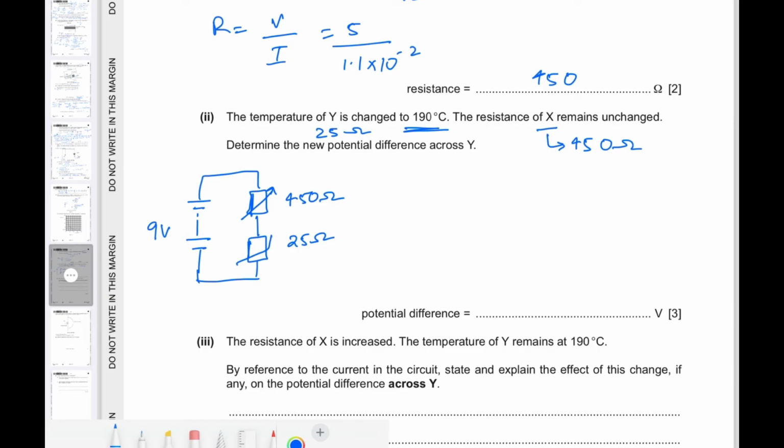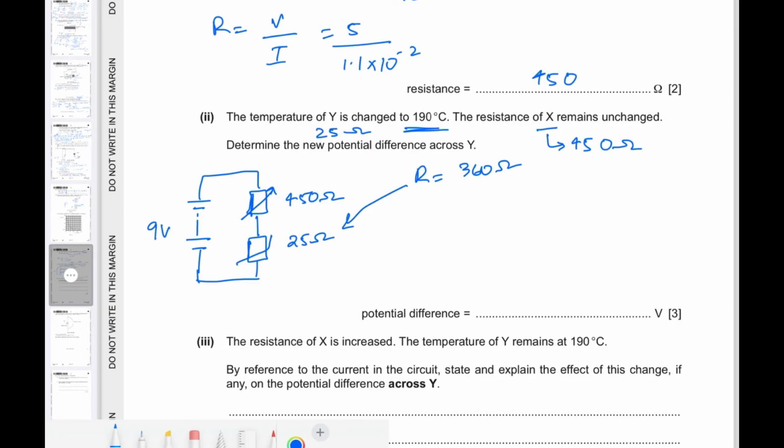Previously, we knew the current through the thermistor and the potential difference across Y. That means the resistance of the thermistor earlier was 360 ohms, and now it has reduced to 25 ohms.